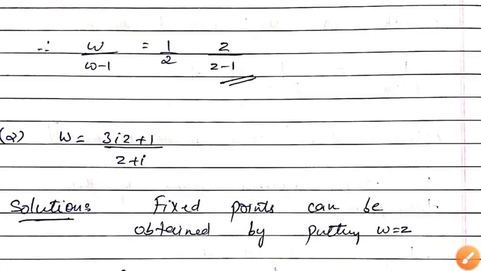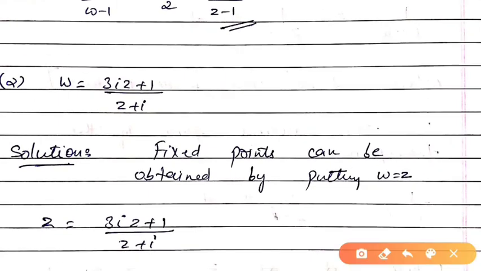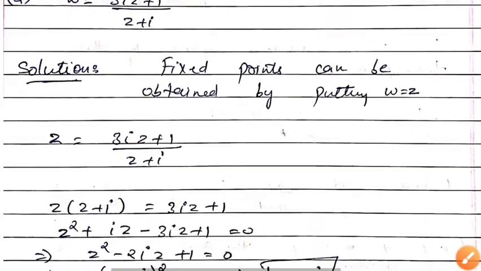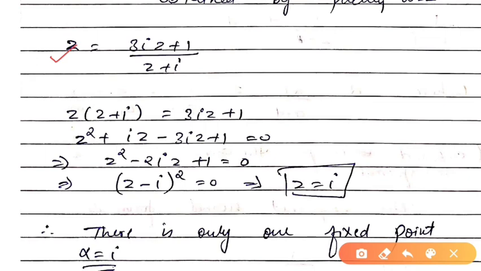Now let us move towards one more example. Here we are given w equal to (3iz plus 1) upon (z plus i). Now we know that fixed points can be obtained by putting w equal to z. So here I am putting w equal to z, right? Now I will do cross multiplication over here.